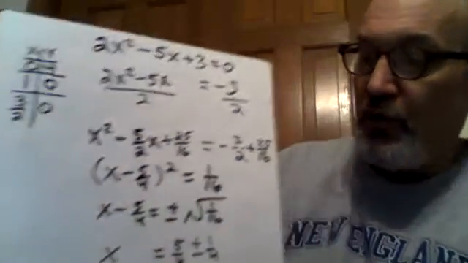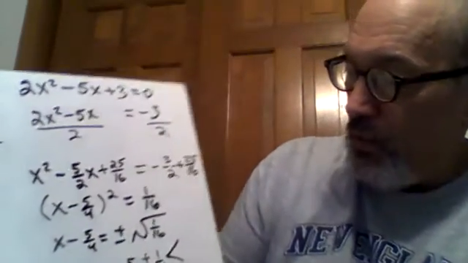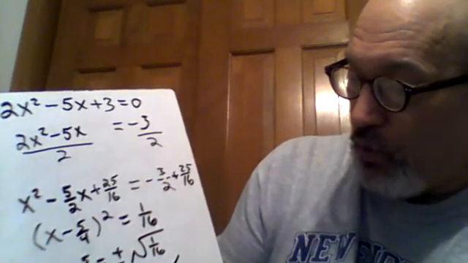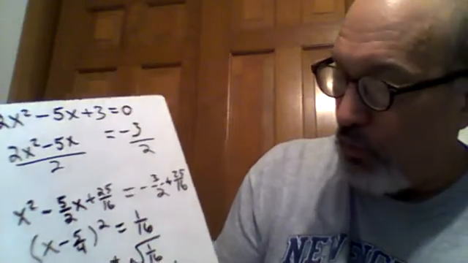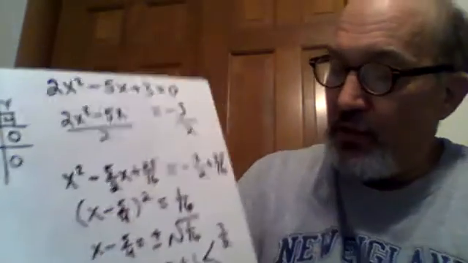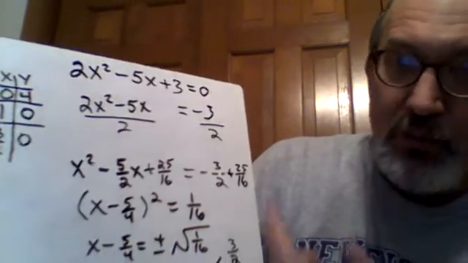And now, following the two paths, the plus path and the minus path, we have 5 plus 1 over 4, or 5/4 plus 1/4, 6/4 or 3/2. And following the minus path, we have 5/4 minus 1/4, which is 4/4 or 1.